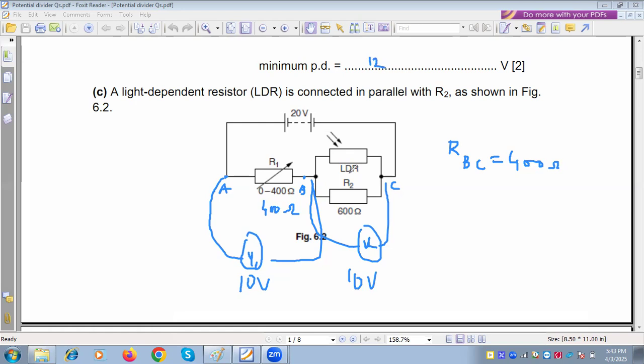Which means the potential difference has decreased. In the first case, in the absence of LDR, the minimum potential difference across R2 was 12 volt. And in the second case, when the LDR is connected in parallel and the light intensity is maximum, the resistance is minimum, and the parallel combination of LDR and R2 has resistance 400. R1 is also 400. So the minimum potential difference is now 10 volts. So it is less than before.